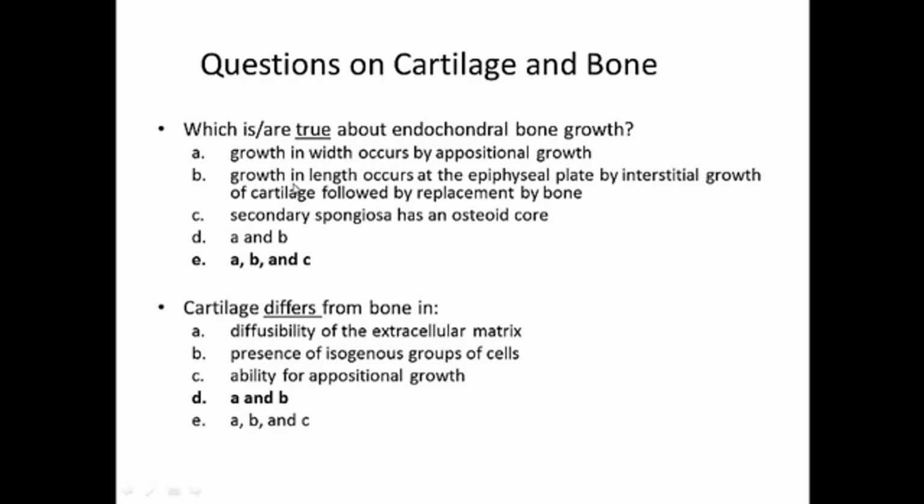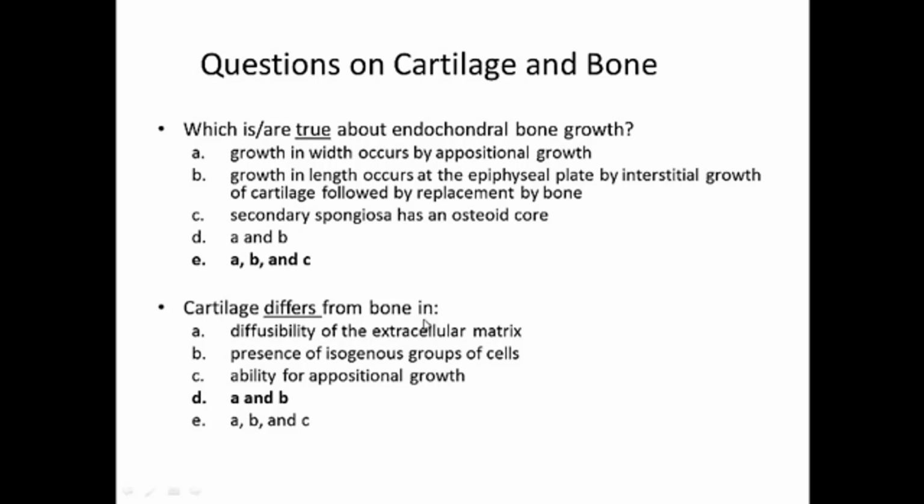Growth in length occurs at the epiphyseal plate by interstitial growth of cartilage followed by replacement bone. True. So bone can grow by appositional growth. It cannot grow by interstitial growth. And secondary spongiosa has an osteoid core. True. So the answer is E.